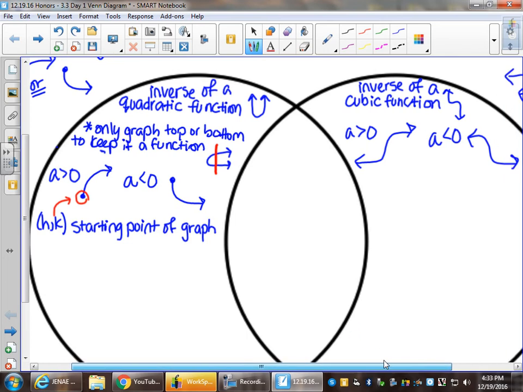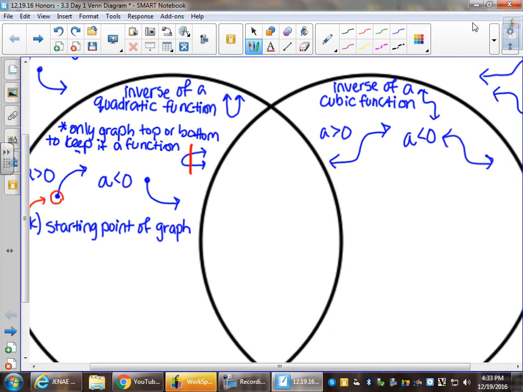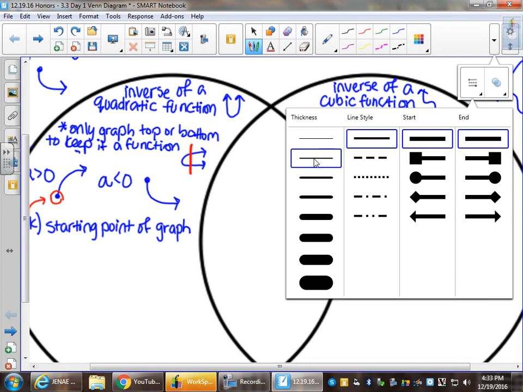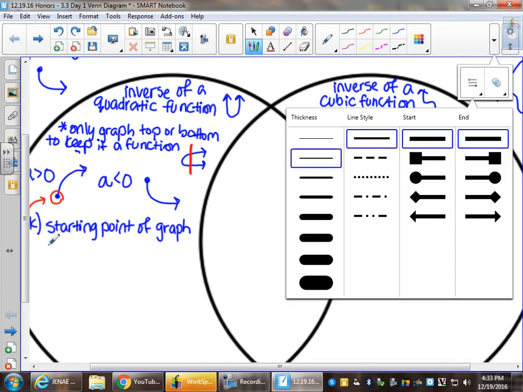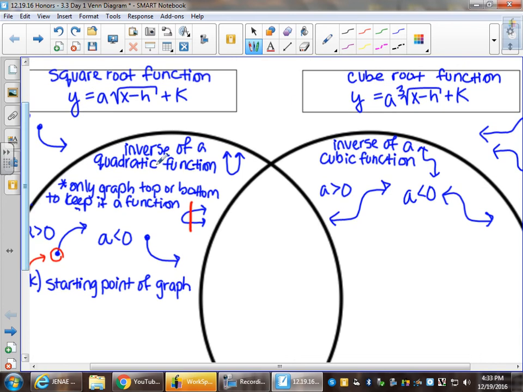Coming over to the other side, for h, k for a cube root function, h comma k is called the point of inflection for cube root functions.